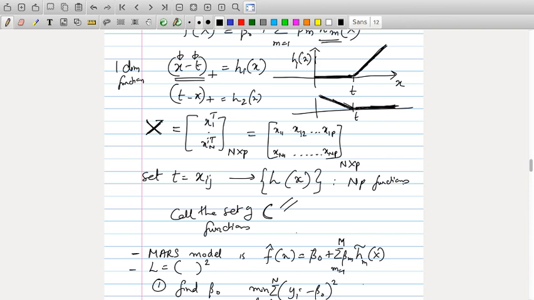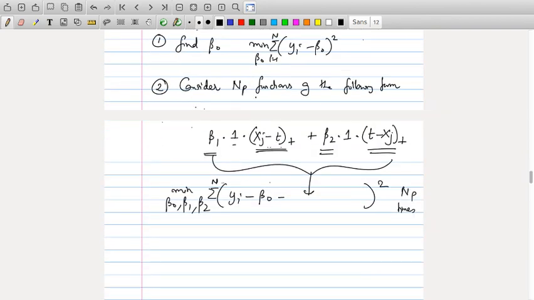Then if I pick, let's say, x12, I'm focusing on the second input variable, so the variable part would be x2. That's why I just wrote xj minus t, where j can vary from 1 to p, and if you fix a j, the t can vary from x1j all the way to xnj, like a column of that X matrix.